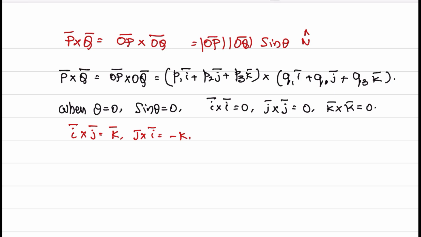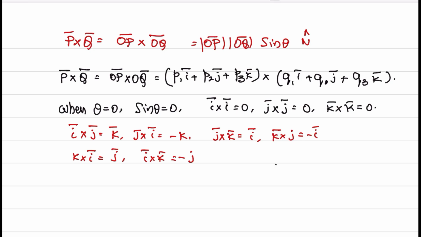When the order is reversed, the sin theta value will be negative. j cross k is equal to i. I will explain how to remember this. k cross j is equal to minus i. k cross i is equal to j. i cross k is equal to minus j.